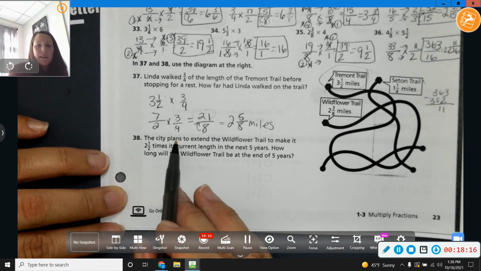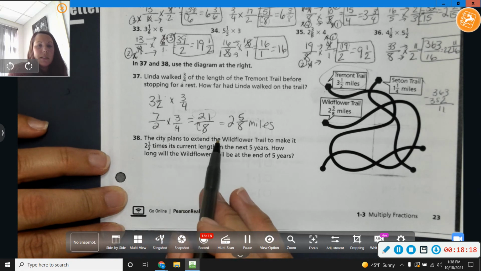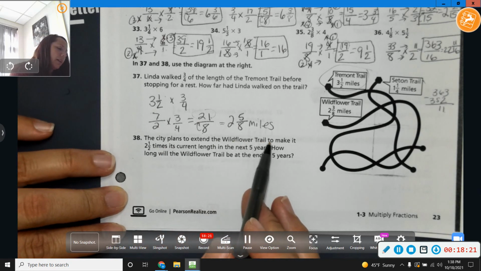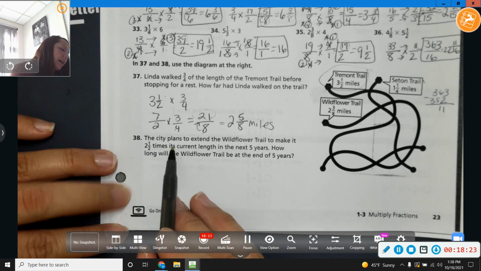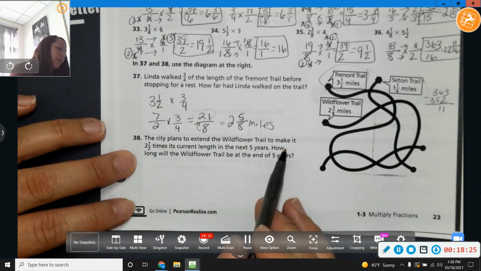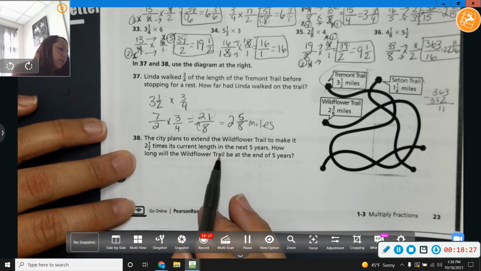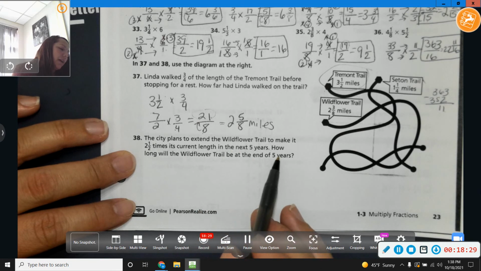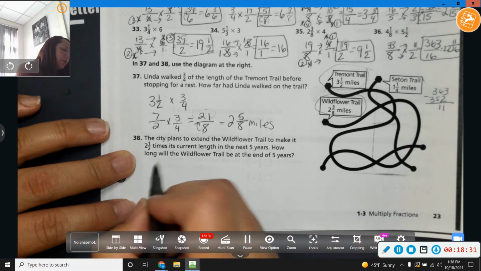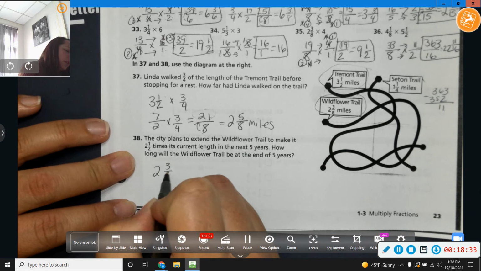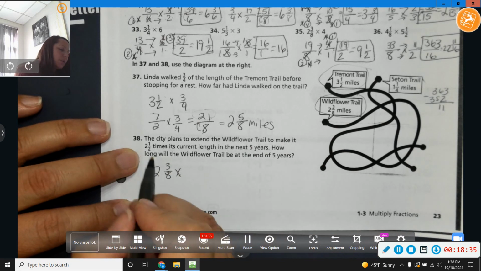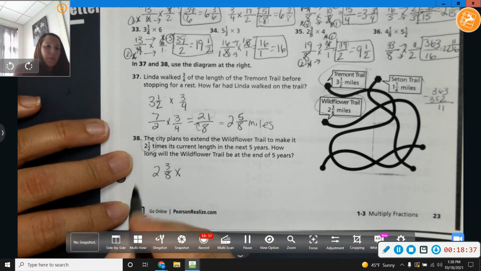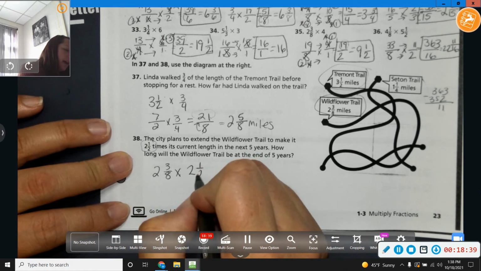Last one. The city plans to extend the Wildflower Trail to make it 2.5 times its current length in the next 5 years. How long will the Wildflower Trail be at the end of 5 years? So here's Wildflower Trail. It's 2 3/8 miles long, and it's going to be times or bigger by 2.5.